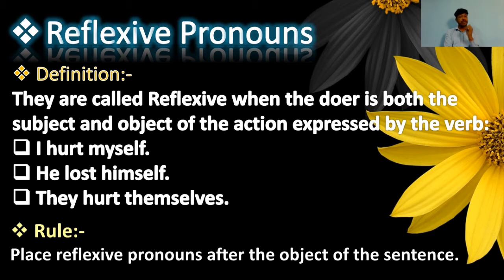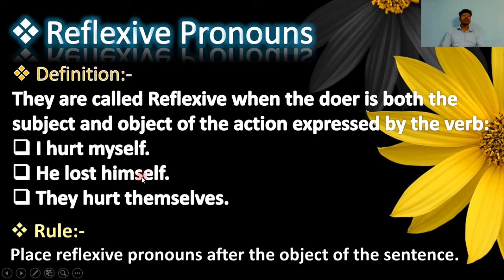Whenever you are going to use a reflexive pronoun, just use the reflexive pronoun just after the object. If the object is not there, just put it immediately after the verb. Here in "I hurt", hurt is the verb, and after that I use myself. So these are the rules for using reflexive pronouns.